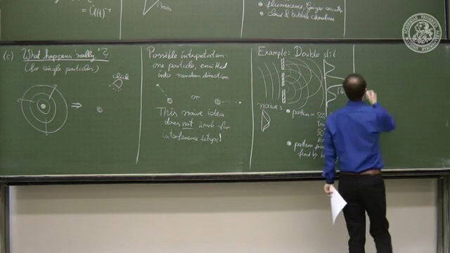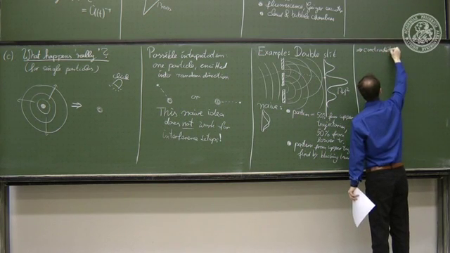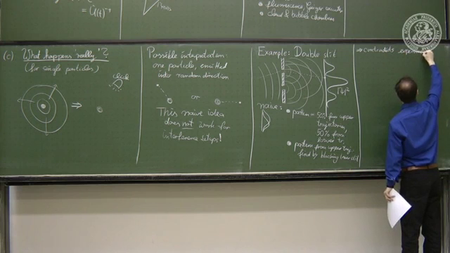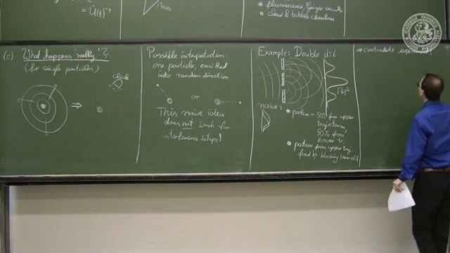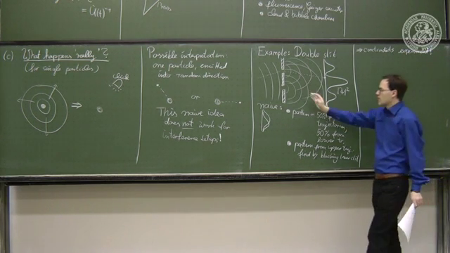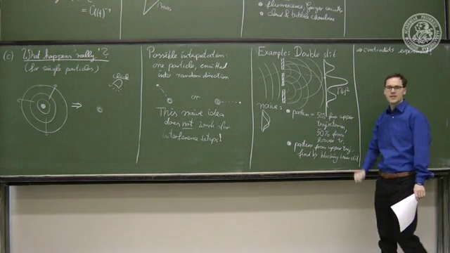So this contradicts the experiment. Because the experiment really tells you, yes, if I block one of the slits, I get such a simple pattern, but if I open both, I get this nice interference pattern.